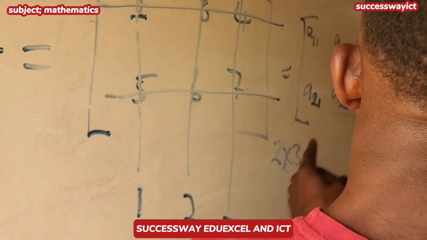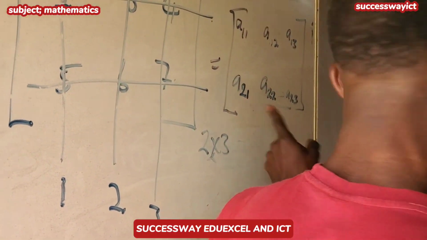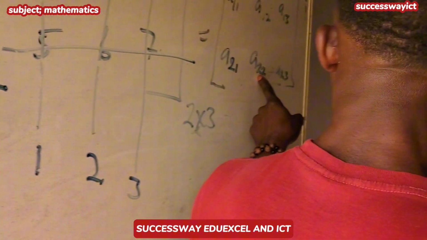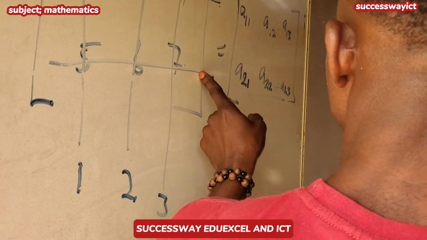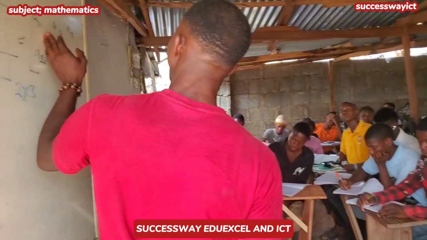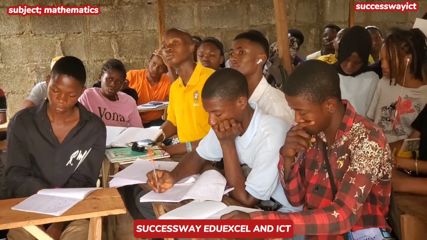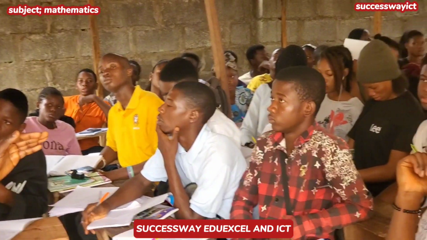Element number 5 is in the second row, first column. Element number 6 is in the second row, second column. Element number 7 is in the second row, third column. So we don't have it as 11, 12, 13, 21, 22, or 23. Are we clear now? Can I proceed from that level now?